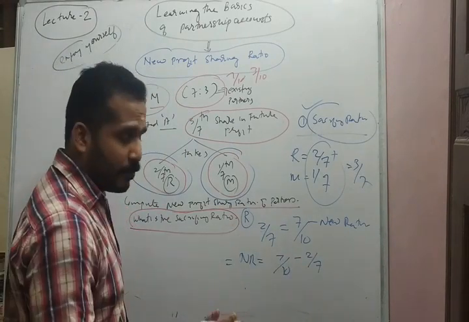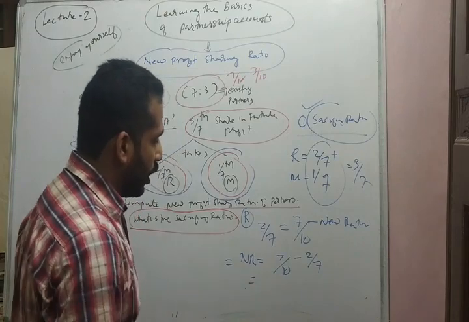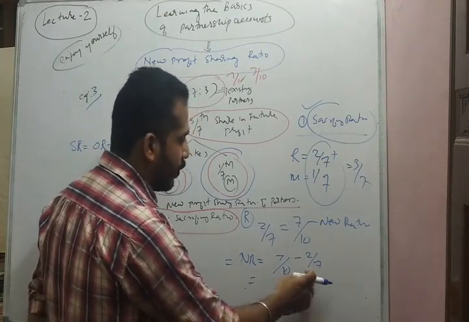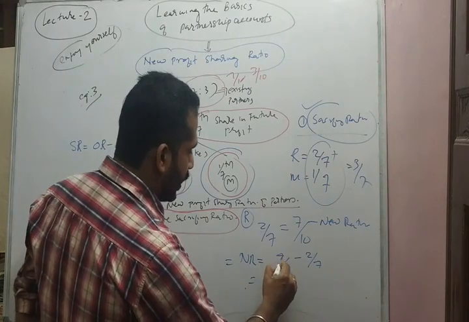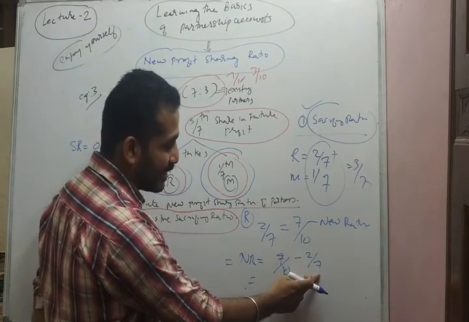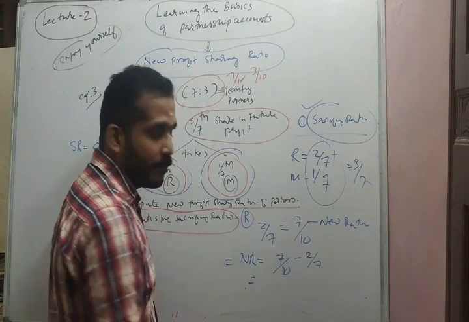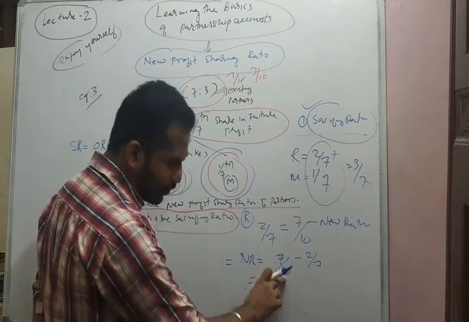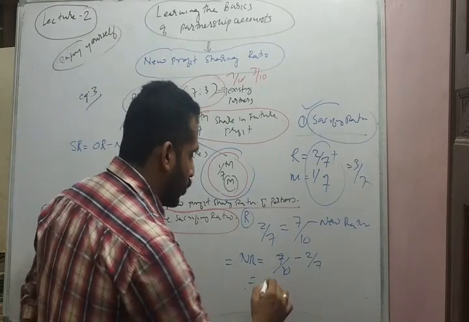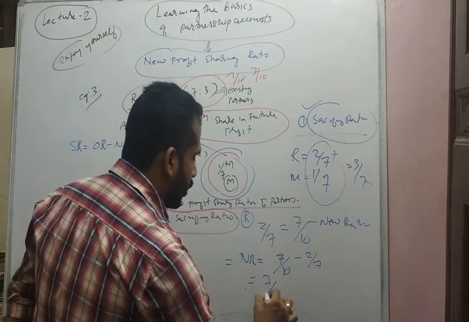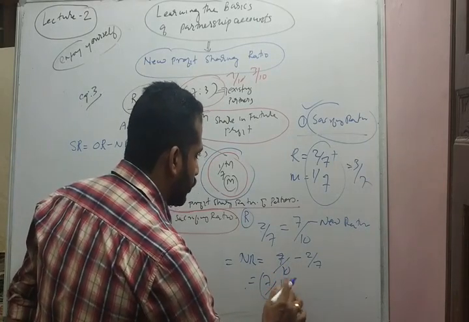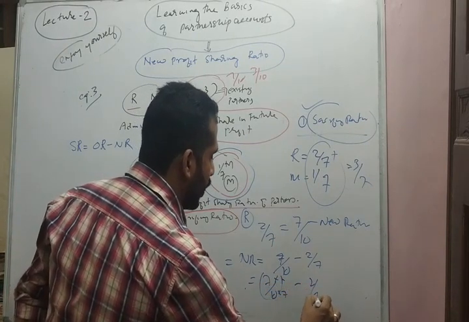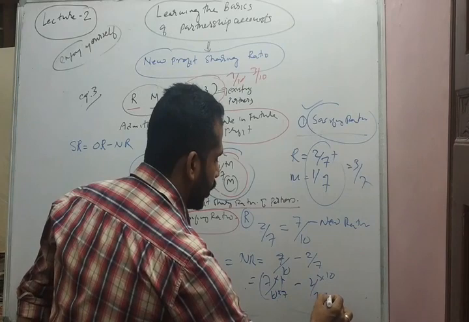Okay, clear? Then, to conclude the computation, we should equalize the denominators. So 7/10 should be multiplied by 7, and 2/7 should be multiplied by 10. So 7/10 into 7 minus 2/7 into 10.